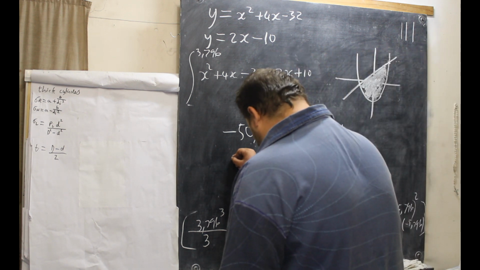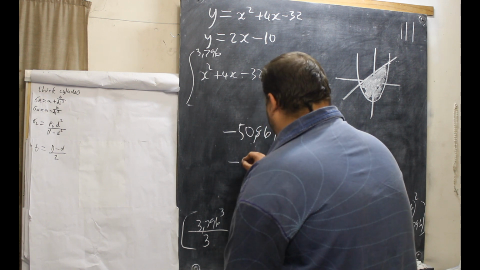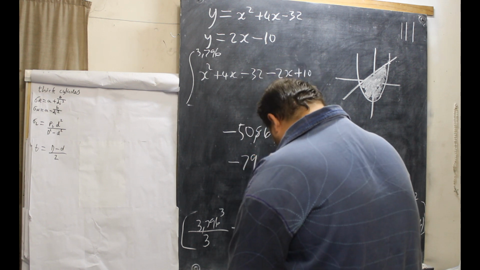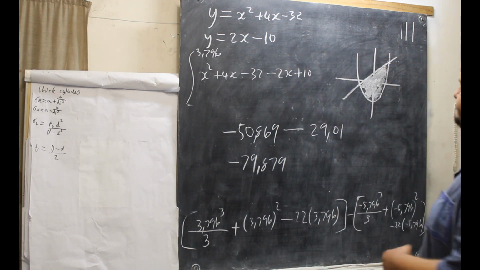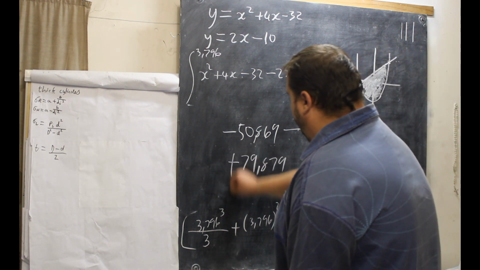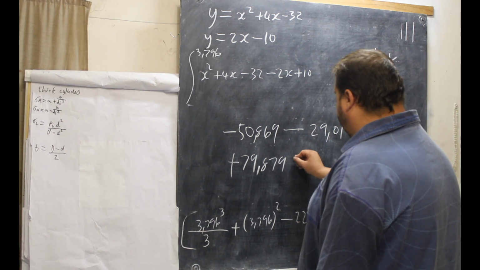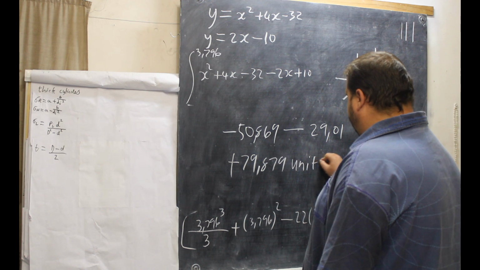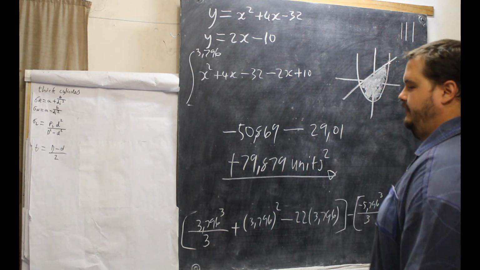So this equals minus 79.879. Now with area, it doesn't matter if it's plus or minus, the answer will always be a plus, regardless of what you do. So units squared. And that's our final answer.